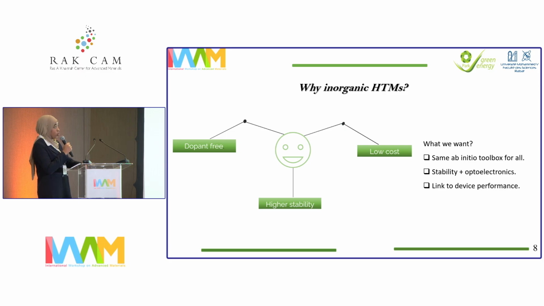What we want to do is screen different inorganic HTMs using the same approximations and the same methodology, so we can compare between them in terms of stability and optoelectronic properties. Then we link the properties of these materials to device performance.